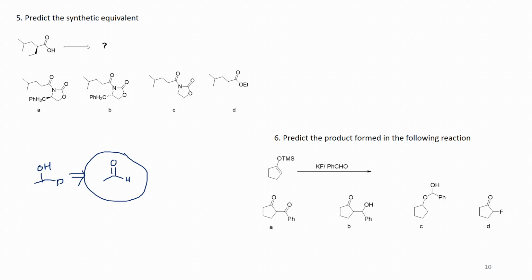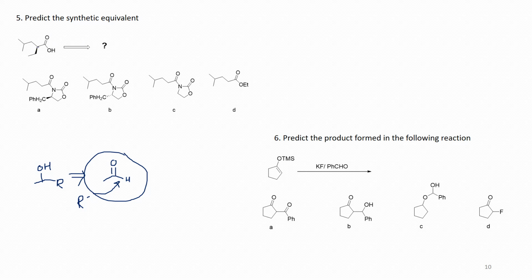And how are you getting that alcohol? The R minus is attacking here and you get that alcohol. I'm just giving an example. So here the aldehyde is the synthetic equivalent. So you have to predict the synthetic equivalent, meaning just before the step. What was there just before the formation of this product?